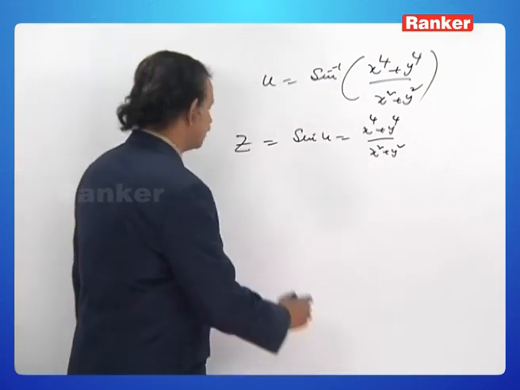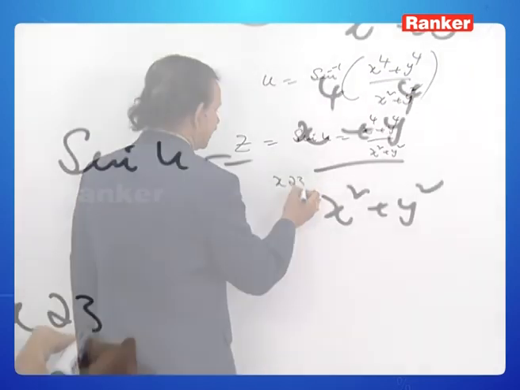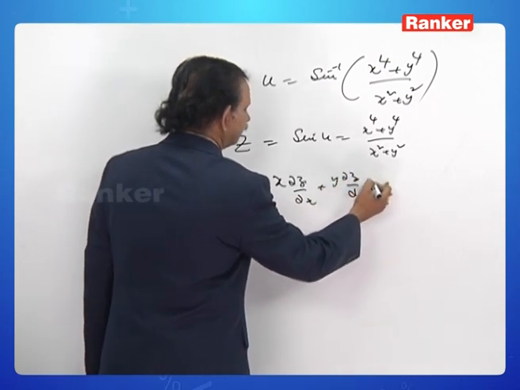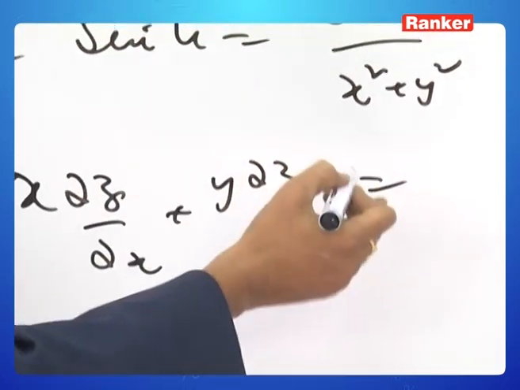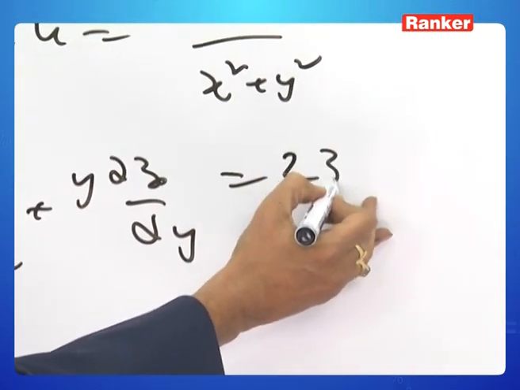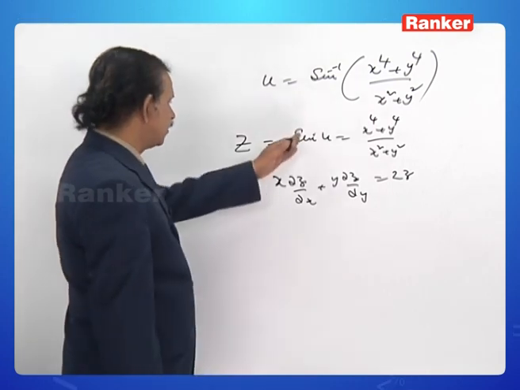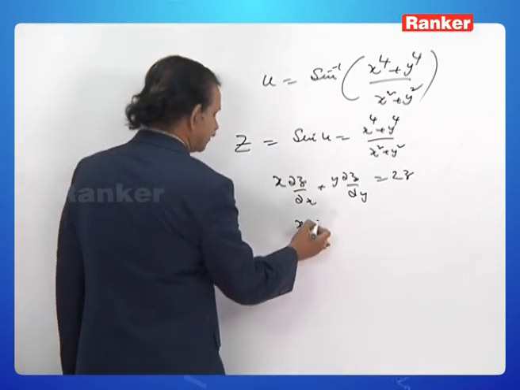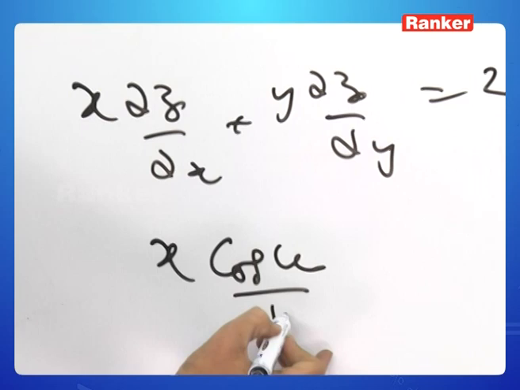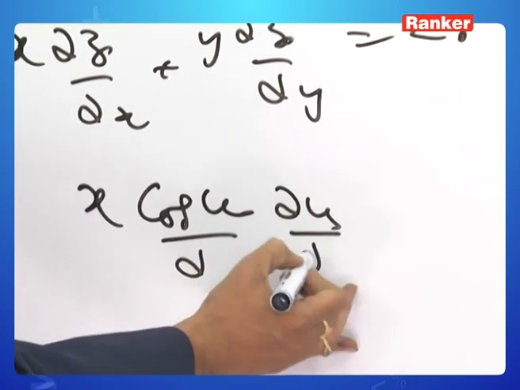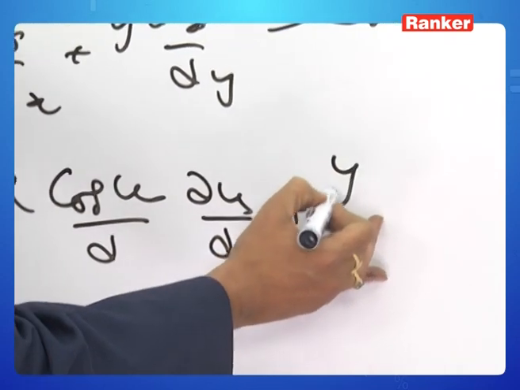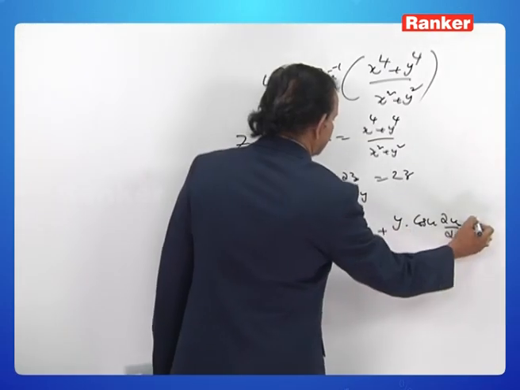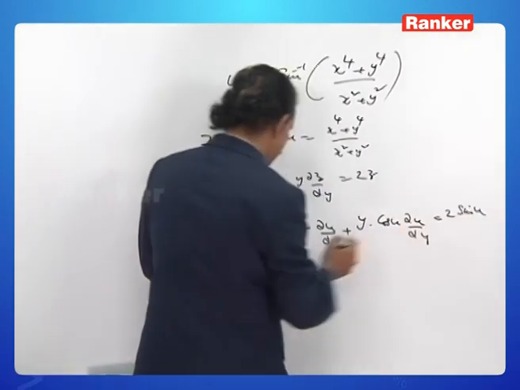Z is homogeneous. So we can say that x dou z by dou x plus y dou z by dou y is equal to, that is of degree 4, this is of degree 2, so it is 2z. What is dou z by dou x? Z is sin u, so dou z by dou x is cos u into dou u by dou x. So it is x into cos u into dou u by dou x plus y into cos u into dou u by dou y is equal to 2 sin u.